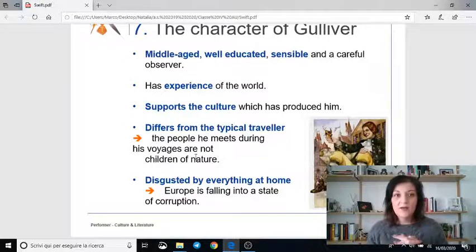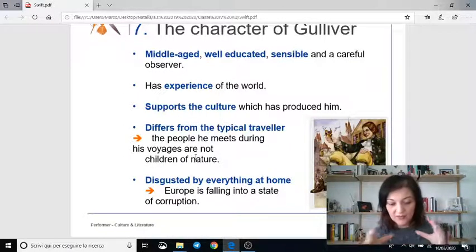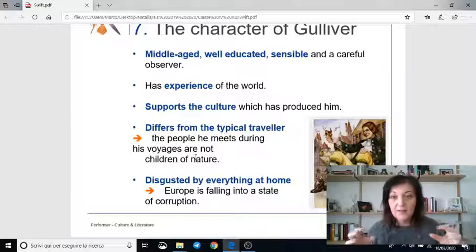Here there is a big difference because all the characters, all the tiny Lilliputians, all the giants in Brobdingnag, all the scientists and philosophers that he meets in Laputa, for example, all the different inhabitants of the lands visited by Gulliver are not children of nature.